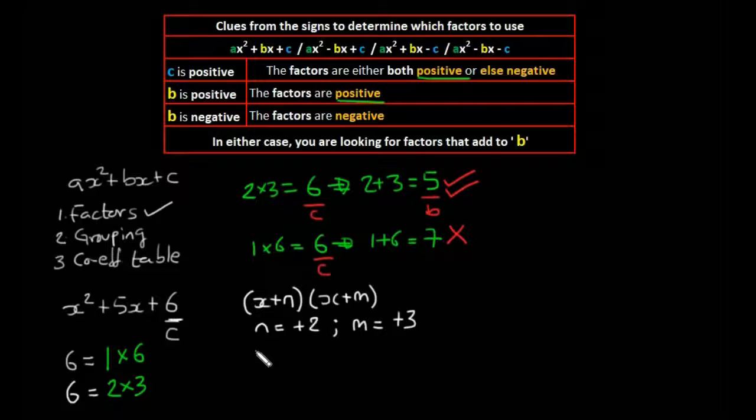Hence, x squared plus 5x plus 6 is equal to x plus 2 into x plus 3.